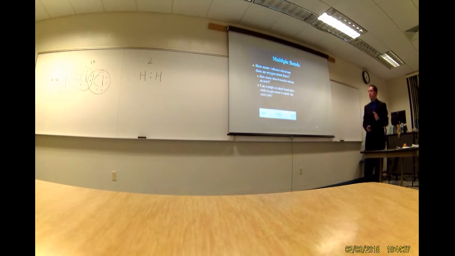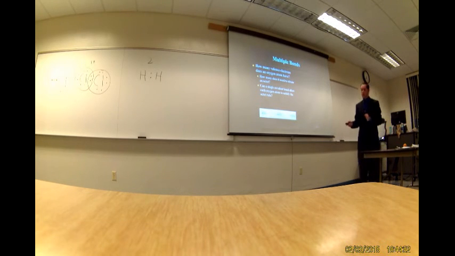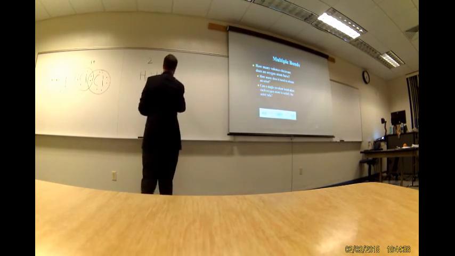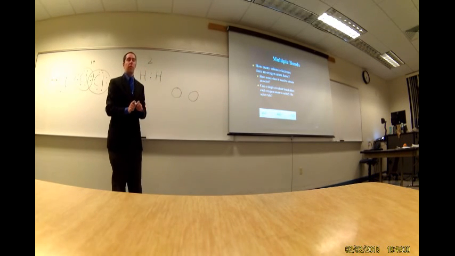If you have O2, oxygen bonded to oxygen, can you do that with a single bond? Let's just do it in order. If we take our oxygen and our oxygen, how many total electrons do we have to work with? 12.